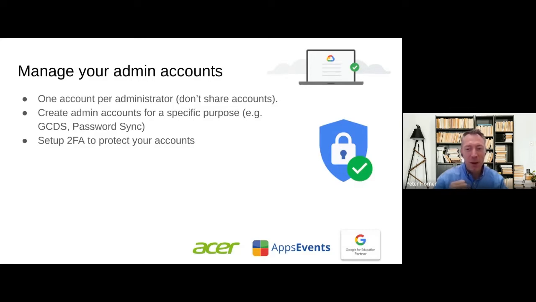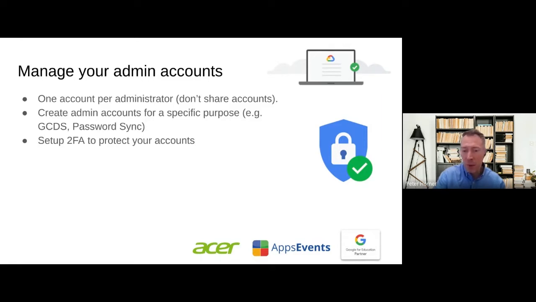This will add an extra layer of security to your account, so you're no longer just relying on a password. That extra layer can be anything from a physical security key from a company like YubiKey or your Pixel phone or an Android phone, or it could be a text message or a yes/no prompt on your phone. There's multiple methods you can set up.